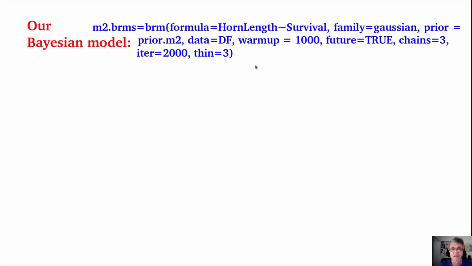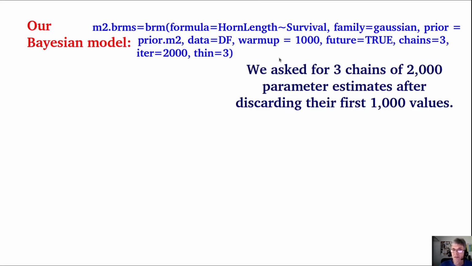The model fitting is shown here. Here is the formula of the model. Here we identify the probability distribution that we use for the likelihood part of the model, the priors shown in the previous slide, the data, where the data is in this data frame, and the rest is essentially explained: we are asking for 3 chains of this Hamiltonian Monte Carlo algorithm of 2000 parameter estimates each after discarding the first 1000 values obtained.